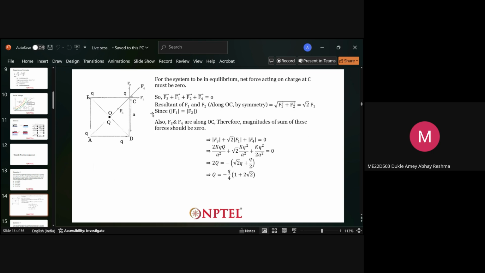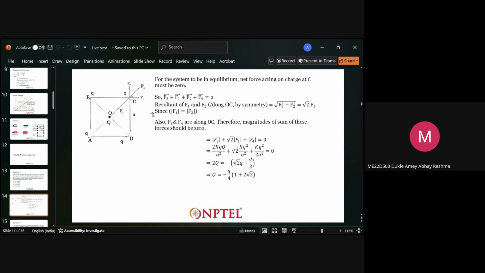So what is happening with the Q placed at the edge C is equal to what is happening with all the four q's. So now we only focus on OC in the figure.